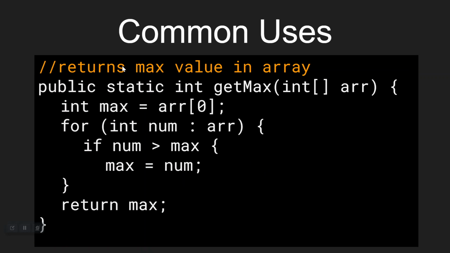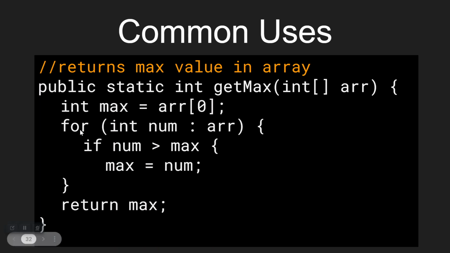You could also find the maximum value in an array. So here is a method called getMax, taking in an array of integers called ARR. The way this works is it says int max equals the array at position 0. So we're assuming that the very first element is the maximum value.